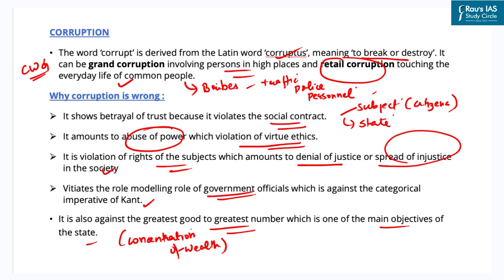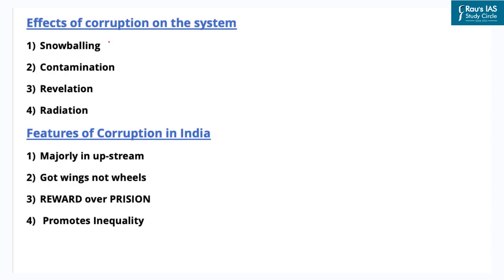Now that we have discussed what corruption is and why it is wrong, we'll try to understand the effect of corruption on the system. The effect of corruption on the system can be categorized in 4 different ways. The first is the snowballing effect. The snowballing effect is that corrupt behavior tends to grow into bigger ones.